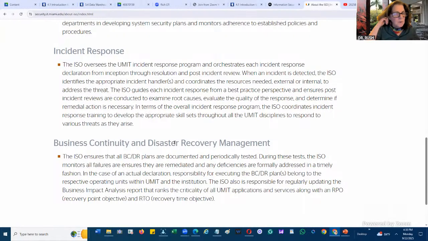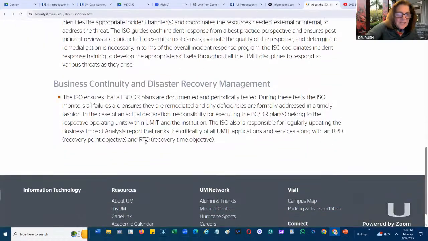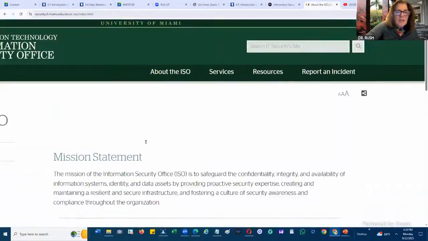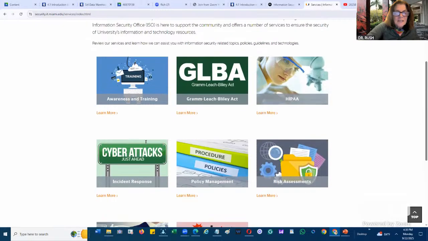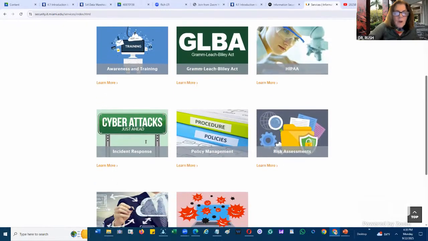A lot of times we even do it with a hurricane, right? If we notice how quiet it is this semester, I've never had such a quiet semester, but the university has to have some way to say we're going to continue our business and we're going to recover from a disaster. So this is the key, and their services basically tell me it's awareness.